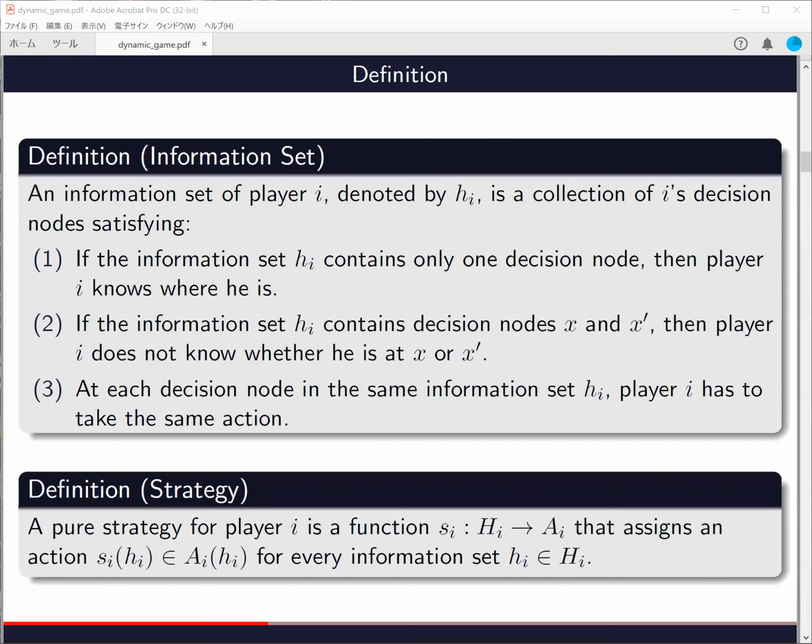In normal form games, actions and strategies mean the same thing, but they mean different things in extensive form games. A pure strategy in an extensive form game is a function that takes information set H as an input and outputs an action. You will see what I mean by that in the following examples.